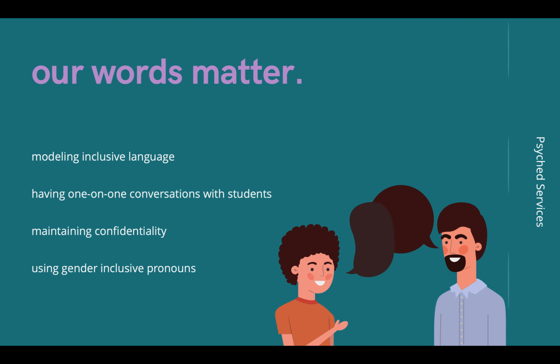We want to have one-on-one conversations. We want to show through our language and our conversations that we understand, respect, and will maintain confidentiality. And we want to use gender-inclusive pronouns when we're writing, whenever possible, so that we can make sure we don't accidentally misgender a human being. And we're going to go into each of these a little bit more.